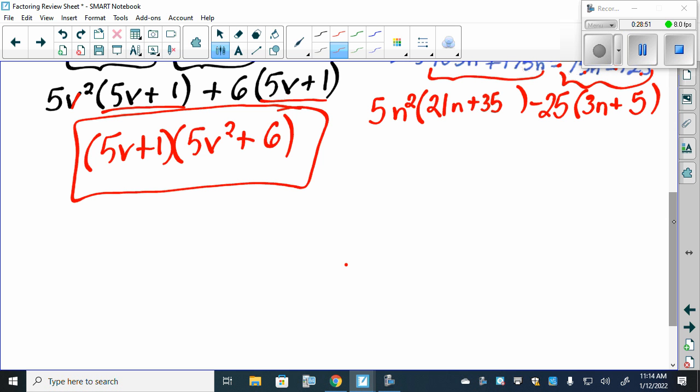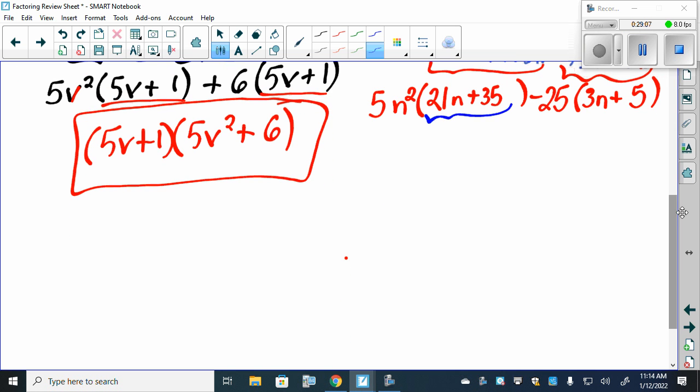What's 7 times 5? 35, yes? Well, if I look back at the first one here, 21n and 35, is 7 a greatest common factor? Well, yes, isn't it? So what that tells me is that 5, really, it is a common factor, but it's not the greatest.